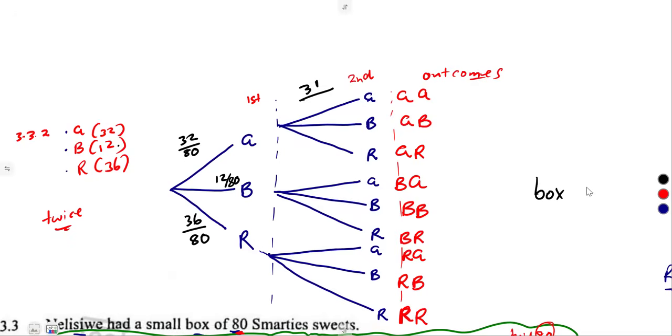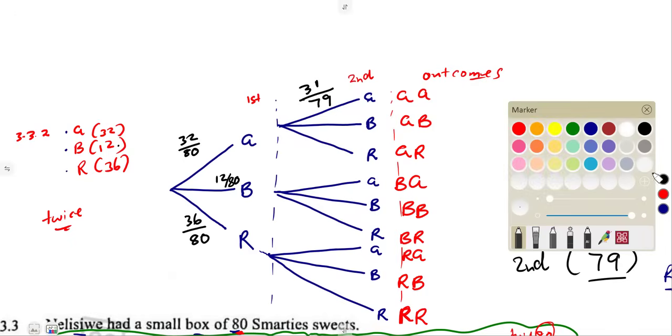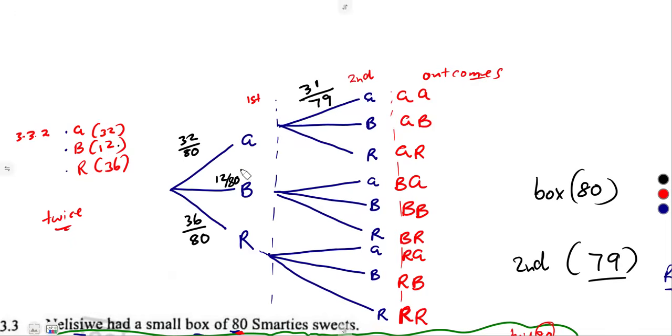The box was having 80 sweets, but once you do not replace, for the second pick the sweets are now 79 because you have taken one. So if it was a green, it is going to be 31 out of 79. It affects even the total, whereas the rest remain as they were originally. But the total is affected.